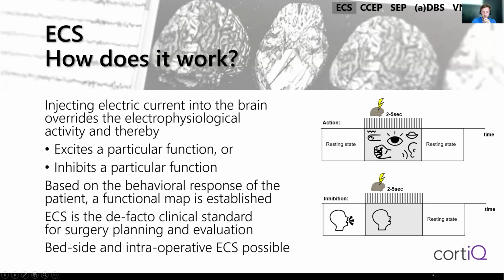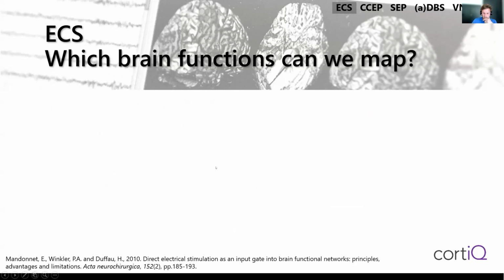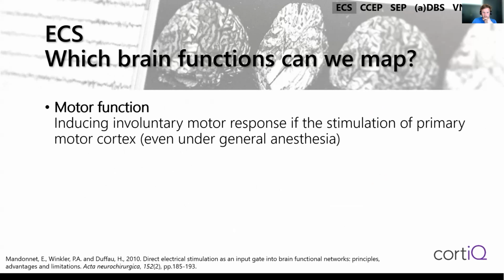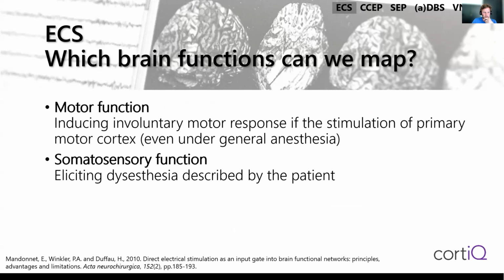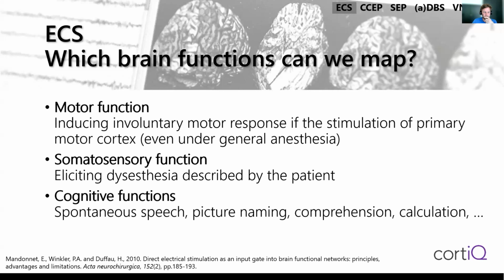It's possible to do this not only at the patient's bedside with implanted electrodes, but also intraoperatively while the patient is under surgery. Typically, functions we can map with ECS are motor functions, so everything that moves basically, or somatosensory functions, so everything where you feel something, or also cognitive functions. For example, spontaneous speech, picture naming, language comprehension, but also calculation.